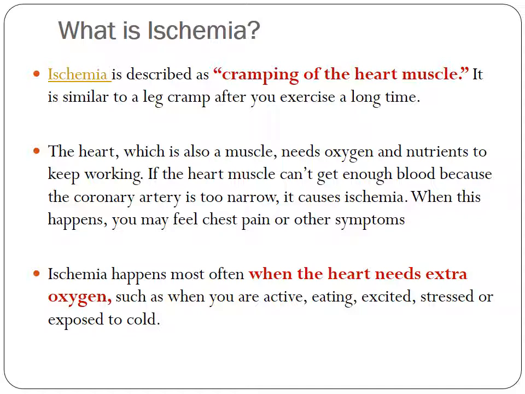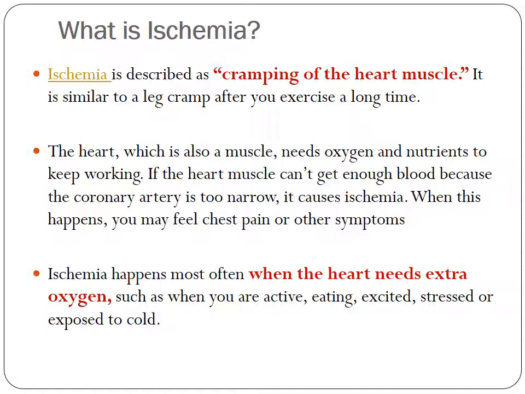Okay, ischemia happens most often when the heart needs extra oxygen. Here the demand for oxygen is more, and when the body is not able to supply that, the patient ends up having severe chest pain, eventually ending up in a myocardial infarction, in simple terms, the heart attack. Now, when does the body require this extra oxygen?